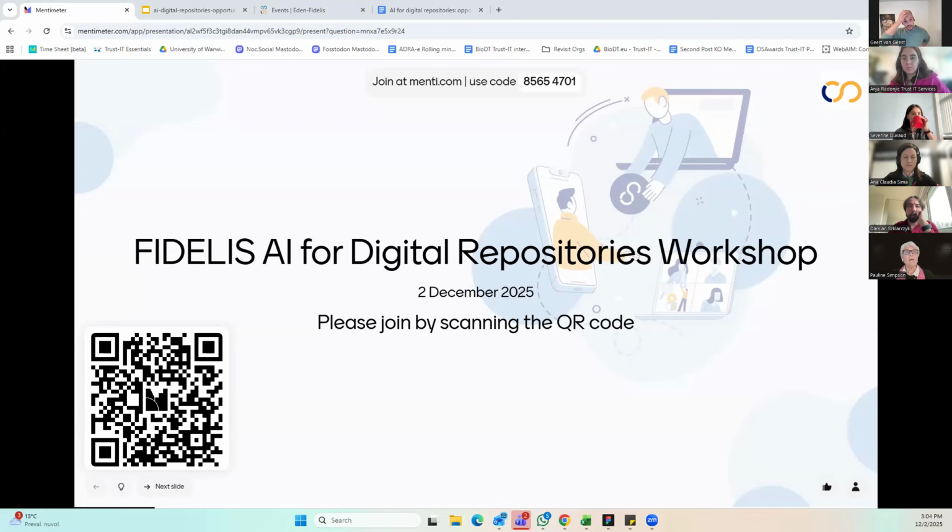Okay, so these are the questions we'd like to ask you through Menti. You might have seen it before. You can join this session by going to menti.com and using the code above, or scan the QR code on the bottom left of the screen. This is just to get a bit of an idea of who we have.